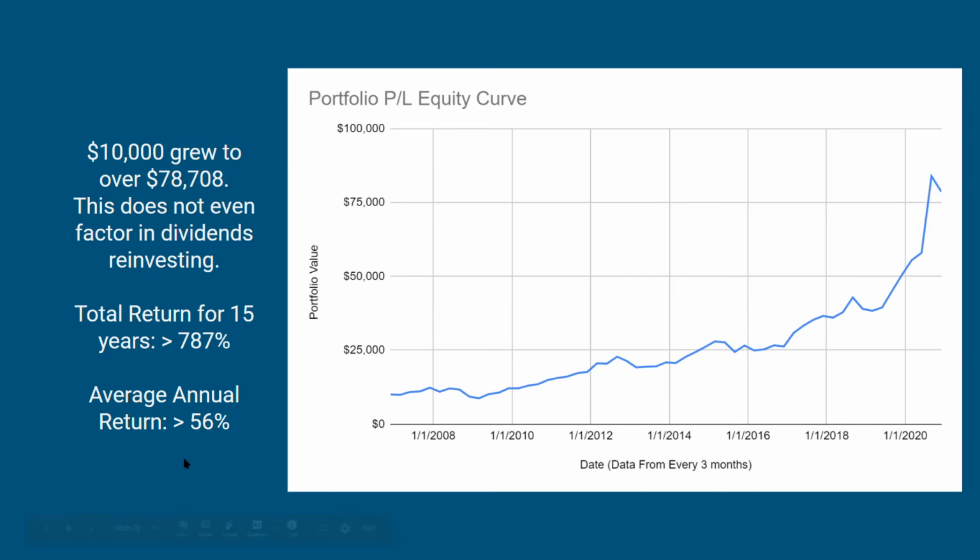Now, is everyone going to do this? Absolutely not. But is it possible and attainable? Yes. Warren Buffett actually, I'm going too fast. Warren Buffett has said that he believes he could very much make over 50% per year if he was managing a small sum of money.